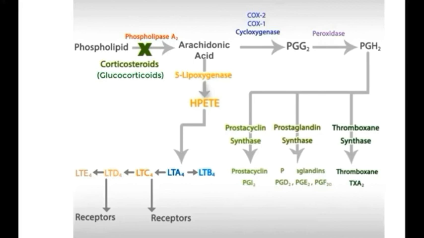In chemistry, its alkyl group is connected by an ether linkage at the C1 carbon to a 16 carbon chain. The acyl group at the C2 carbon is an acetate unit as opposed to a fatty acid, whose short length increases the solubility of PAF, that means platelet activating factor, allowing it to function as a soluble signal messenger.